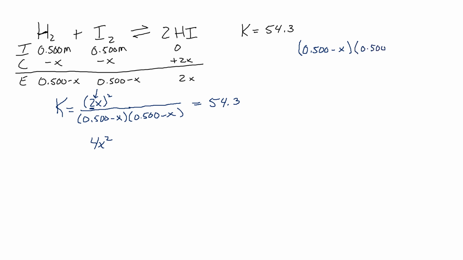And once again here, we're going to go in and out on both of them. And when we do that, we'll take 0.5 times 0.5, which gets us 0.25.